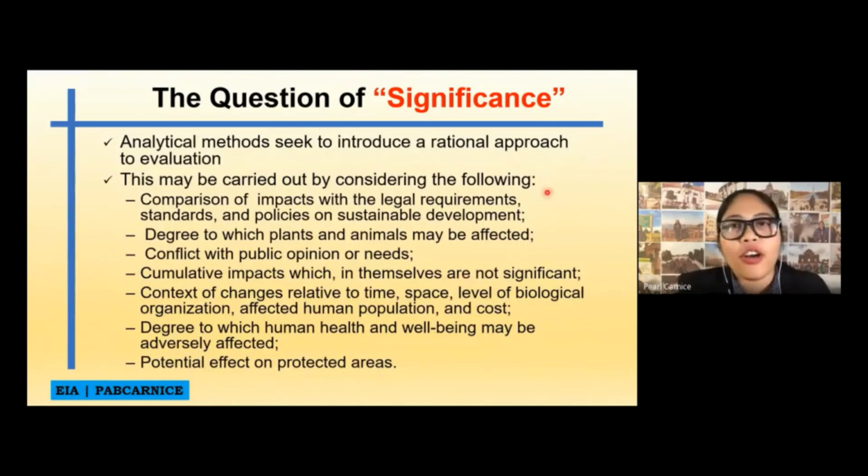Comparison of impacts with legal requirements, standards, and policies on sustainable development. Degree to which plants and animals may be affected. In some cases, for example, in a mining project, of course, flora and fauna will be affected in one way or another. That adverse effect can be mitigated through rehabilitation.